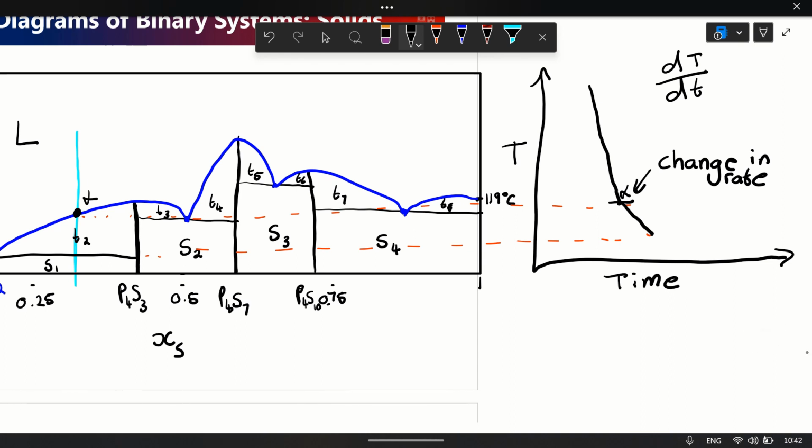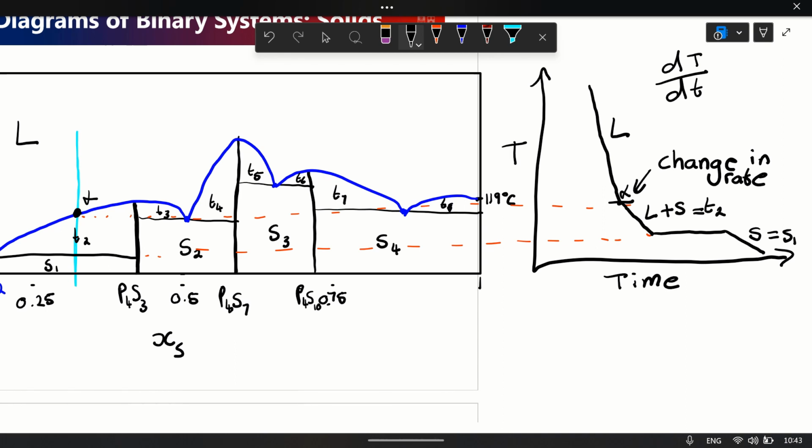And then at the eutectic, we expect a plateau. And then afterwards, there should be another cooling once you get to the solid phase. Because here we go from liquid phase to liquid plus solid phase, which is T2. And then here, again, we have only a solid phase, which is S1.